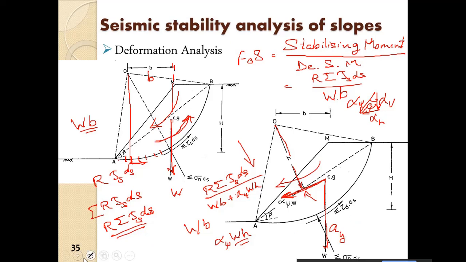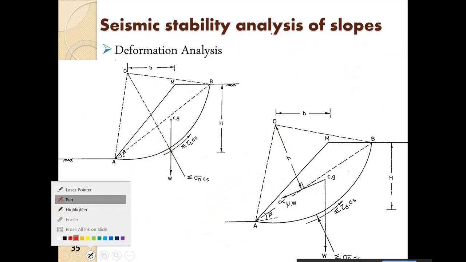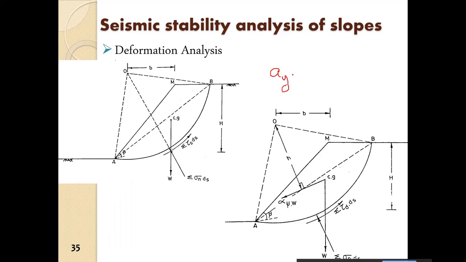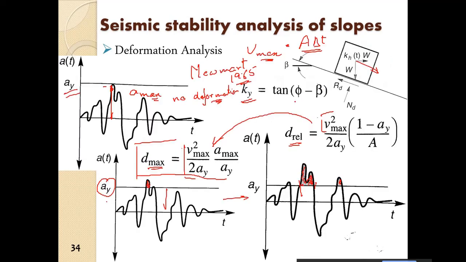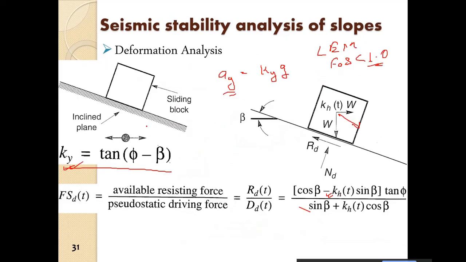So the yield acceleration in this case is given by ay equal to factor of safety in static case minus 1, into b by h into z. Just as here we have expressed ay, which is equal to ky into g, where ky is tan of phi minus beta, so it is very simple.